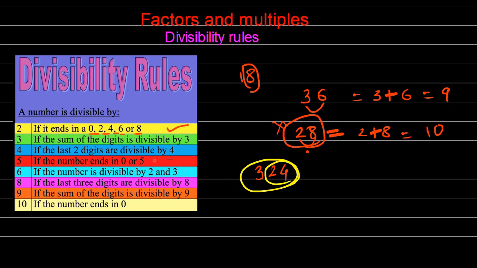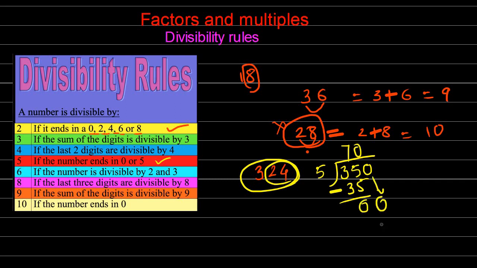5, very simple. The divisibility rule of 5 is very simple. If the number is ending with 0 or 5, for example 350. Yes, it is ending with 0, so the whole number is divisible by 5. You can check it like this: 350 divided by 5. 5 times 7 is 35. 35 minus 35 is 0 and 0 comes down.